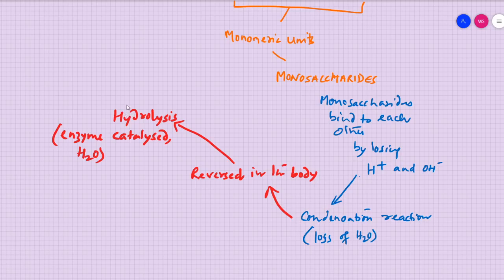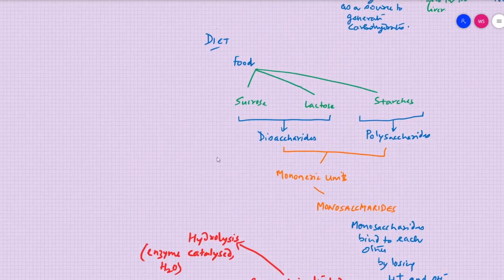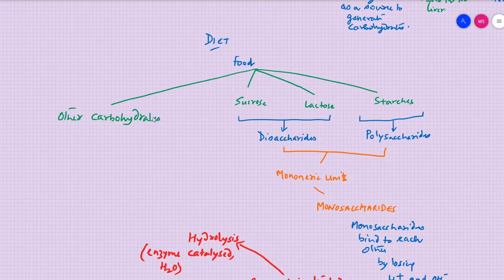All right. So are these the only sources of carbohydrates? No. There are also other carbohydrates. What could be the examples?